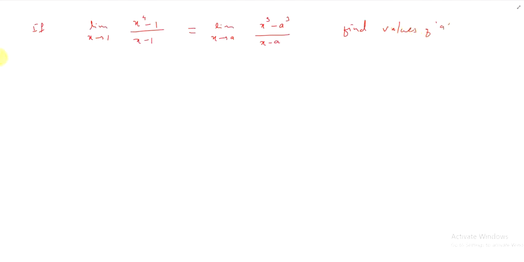So how to find it? Here, given LHS and RHS, in RHS we have that unknown value. Now both the functions are in standard form, so directly by using the result, which result? Limit x tends to a of (x raised to n minus a raised to n) upon (x minus a) is equal to n into a raised to n minus 1. So if you look at this example, let us consider the solution here.